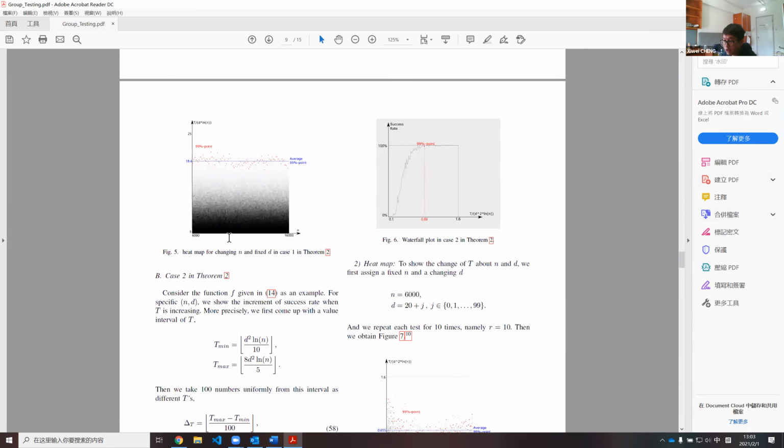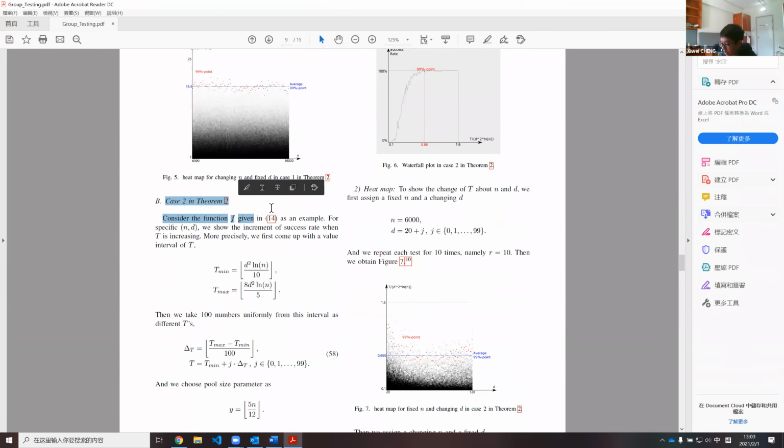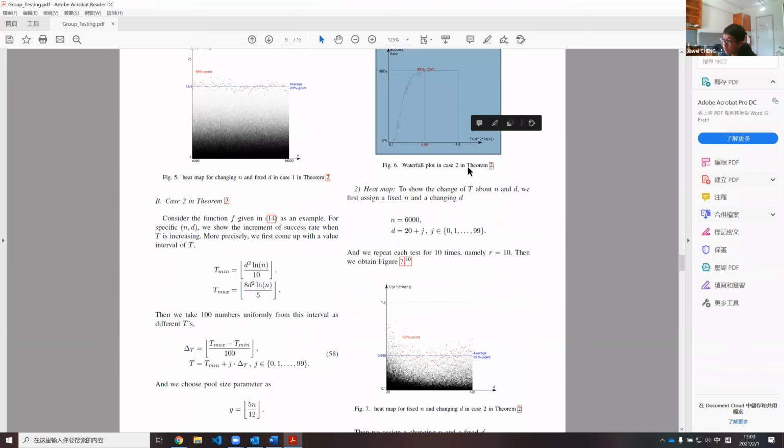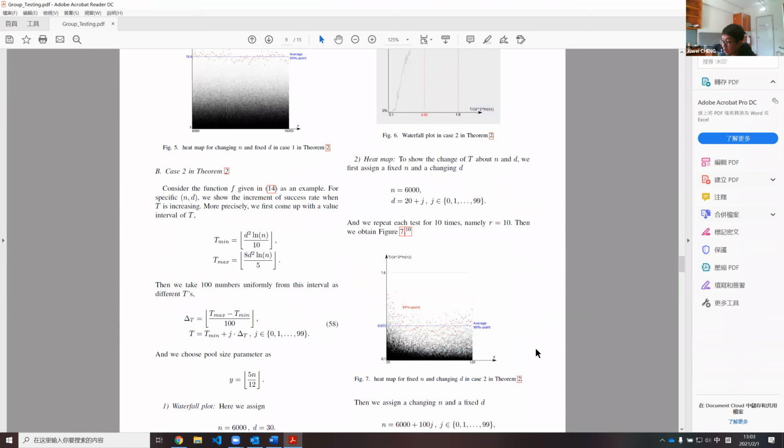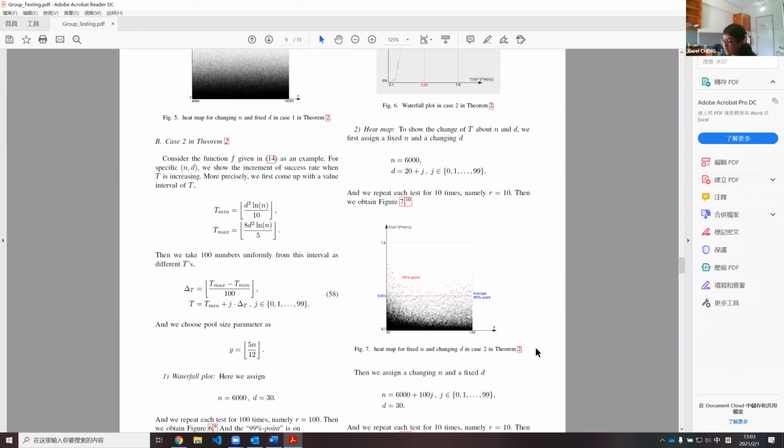So then for the case 2 in theorem 2, we will set the interval as d square log n over 10 and 8d square log n over 5. And we obtain similar results for waterfall plot and the heat maps.